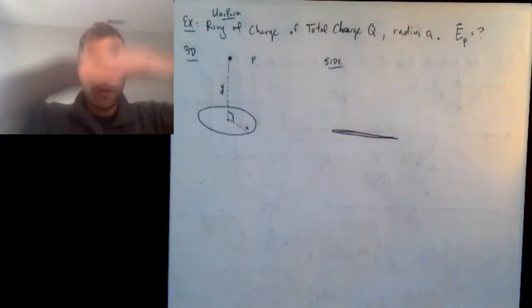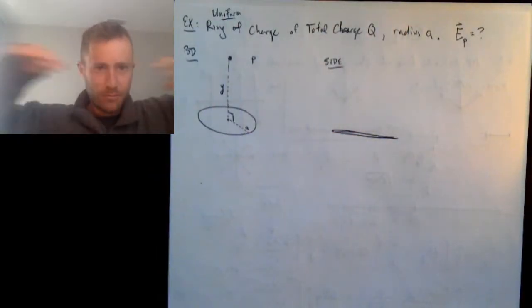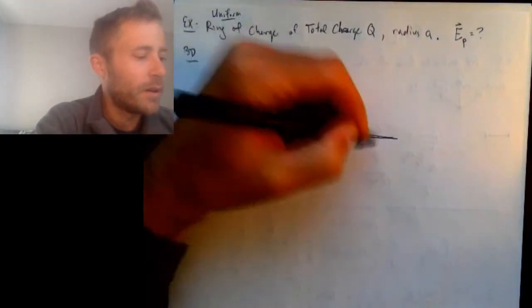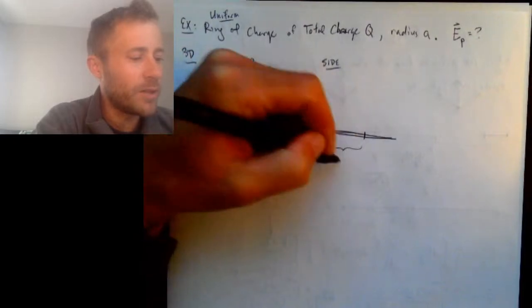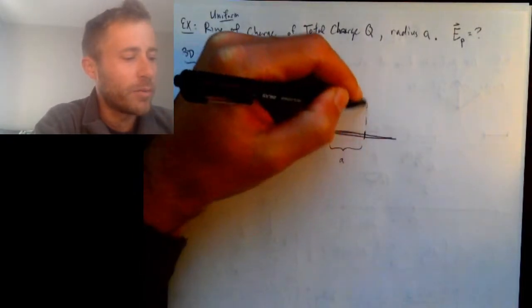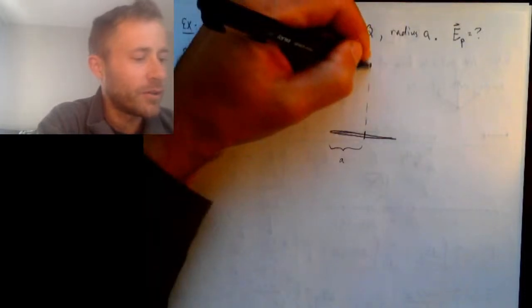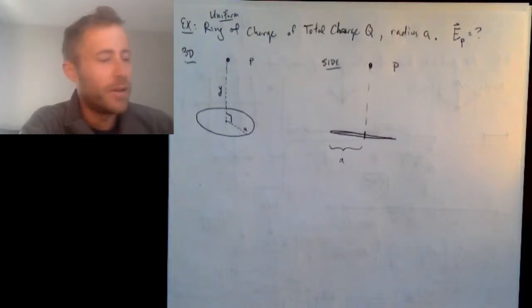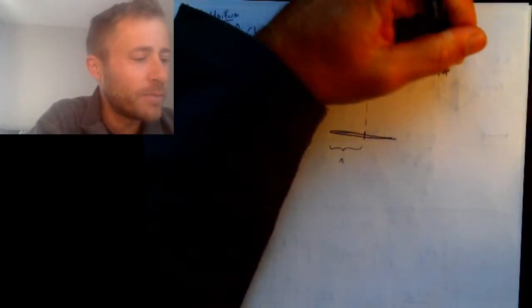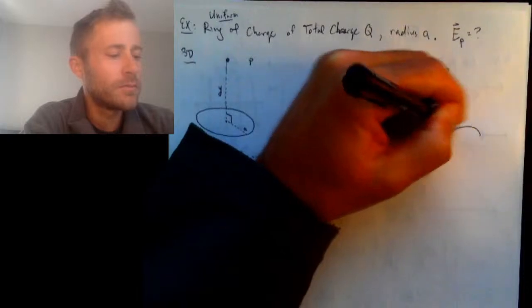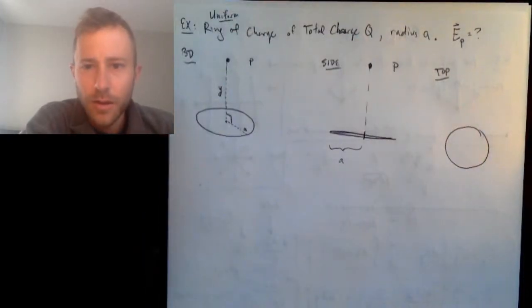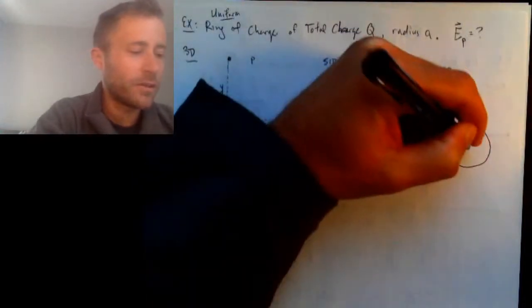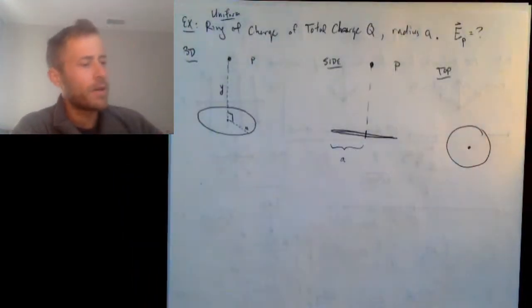If you look at a plate from the side, it looks just flat. Here's the center. This distance right here would be A, and then we're going perpendicular to the center, and there's the point P. And if you wanted to think about this from the top view, the point P is out of the page above the center, like right here.